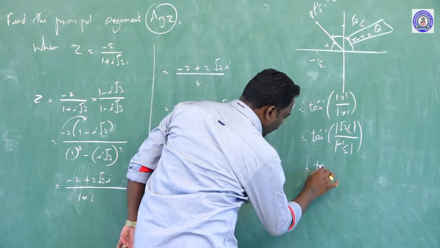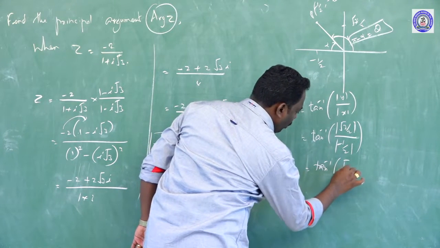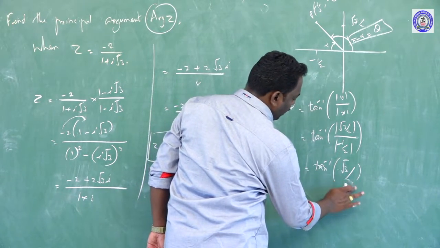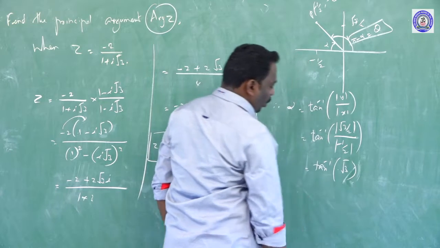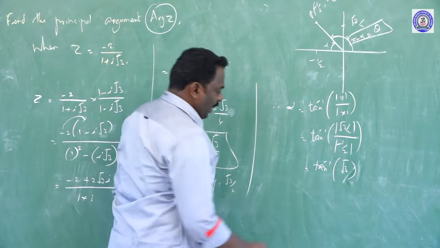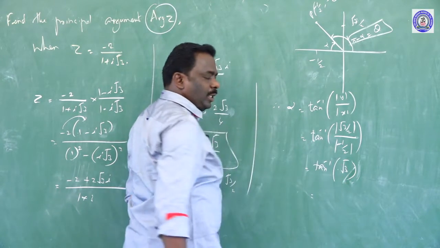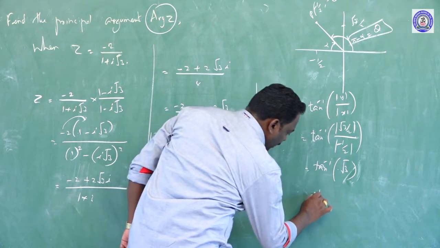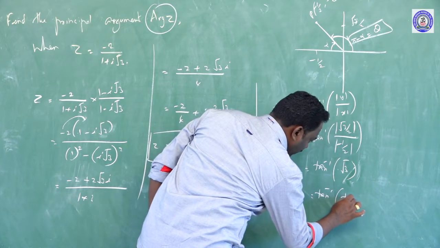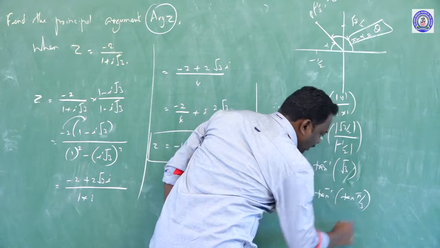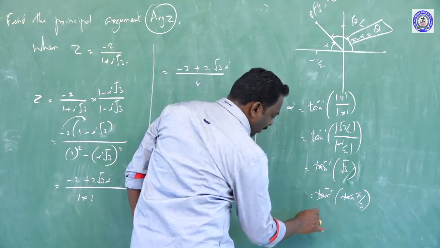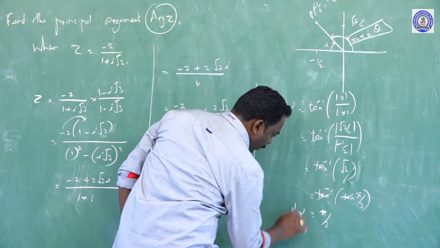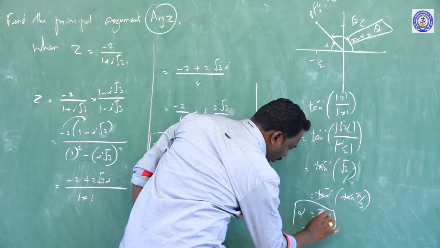That equals tan inverse of root 3 by 2 divided by 1 by 2. The minus cancels, and the 2 also cancels. Therefore root 3 remains. What value of tan is root 3? Tan 60 degree equals root 3. Therefore tan inverse of tan pi by 3, which is 60 degree. Tan cancels, and pi by 3 is the alpha value. Therefore alpha equals pi by 3.